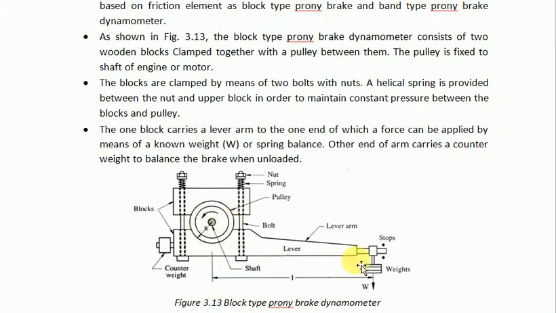The weight which is added, step by step, slowly, will generate a braking effect and it will try to stop the engine. At that time we need to measure the amount of weight applied at some leverage distance L, in order to find out the torque.